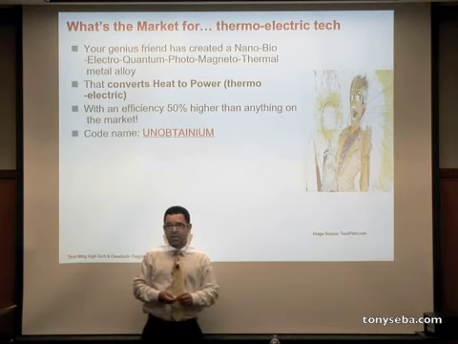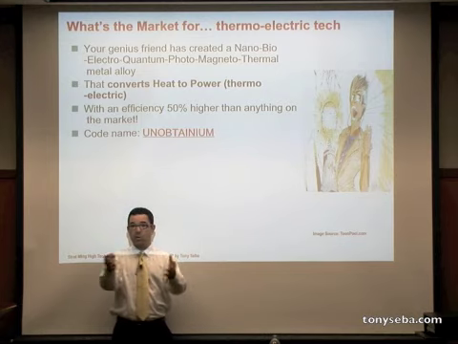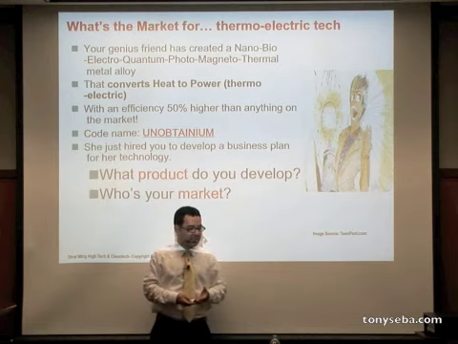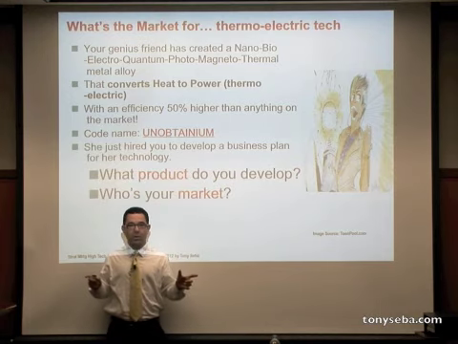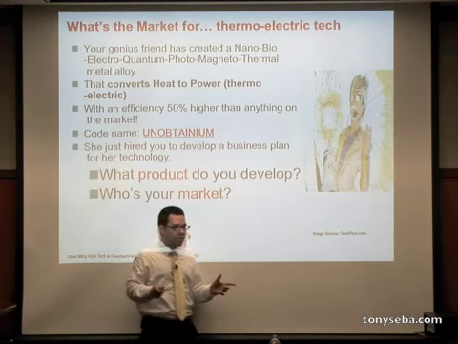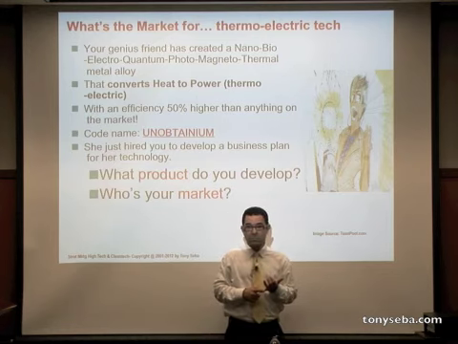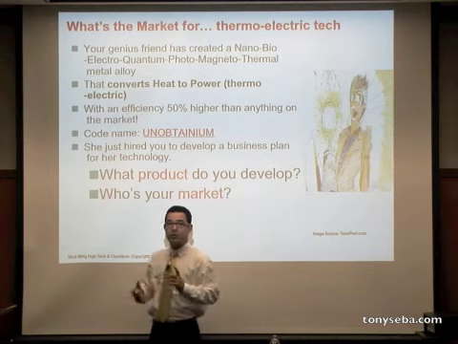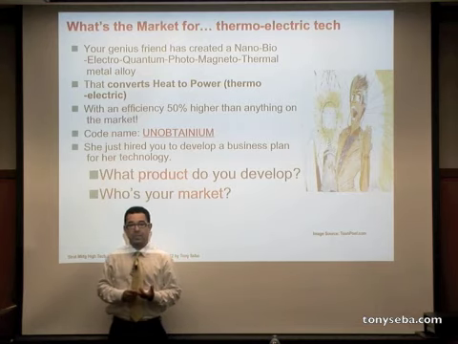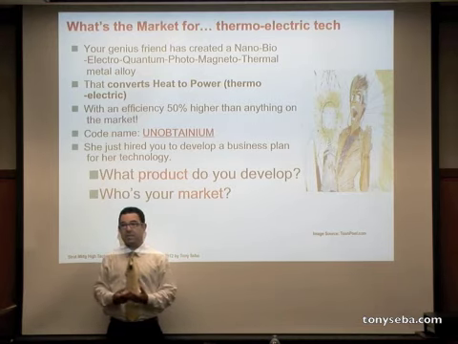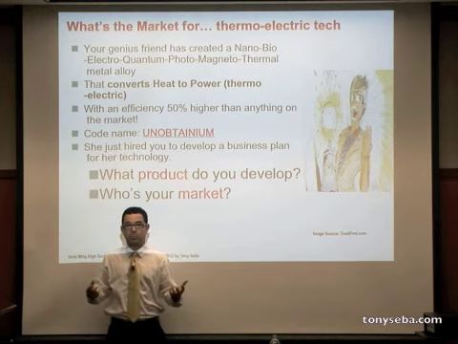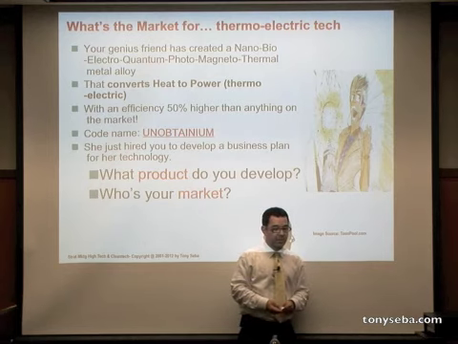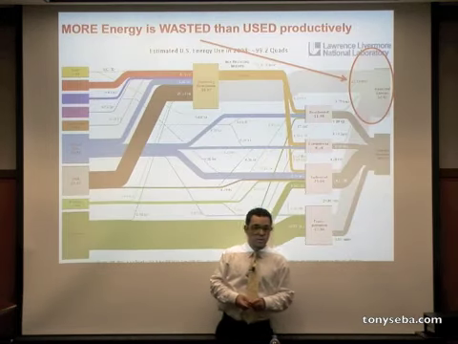We called it unobtainium because we know nobody else is using that name. And basically, your first goal is to find out what product to develop and who's the market. And these usually go together. The segmentation and targeting exercises are going to help us do both. Okay? And I'm going to use this technology to drive the example.